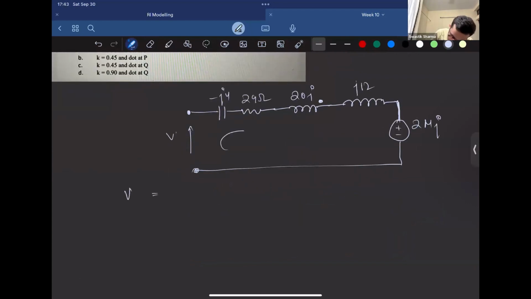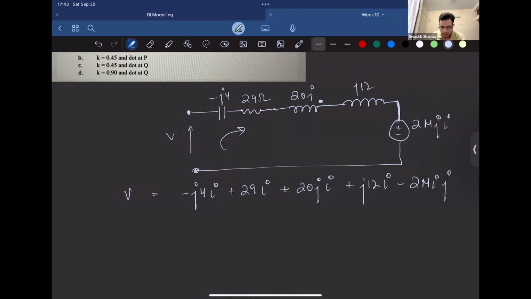So let's calculate. Let's do a loop KVL across it. So that means minus J4I plus 29I plus 20J times I, I is the current over here, plus J12I and minus, there has to be a current component too, right? 2MIJ. So let's rewrite it. It would be like 29I plus J, 20J and 12J is 32J, 32 minus 4 is 28.